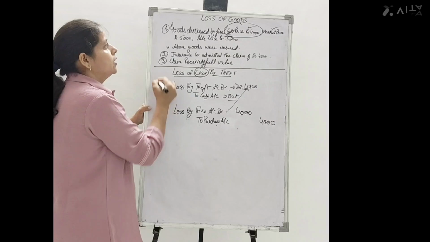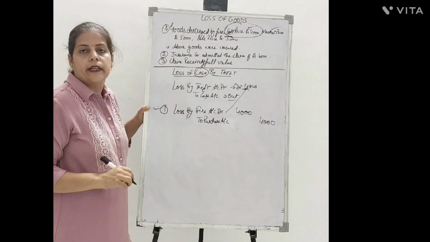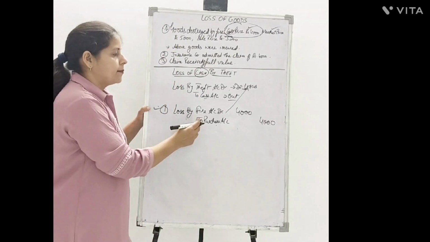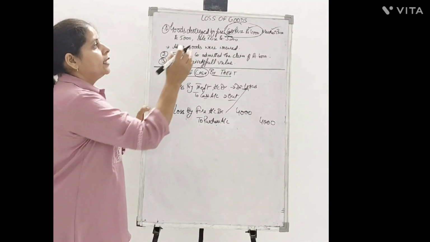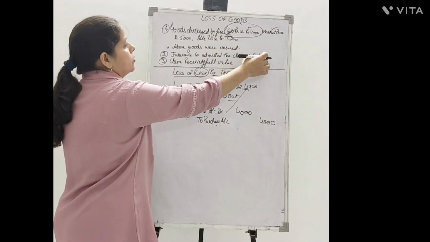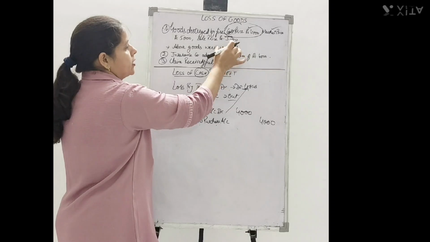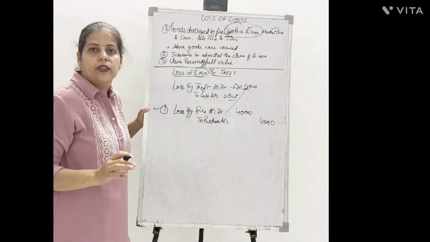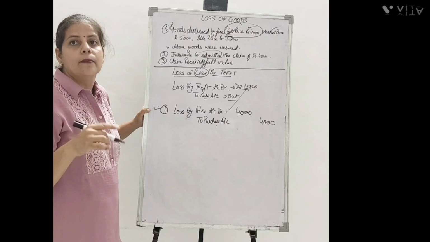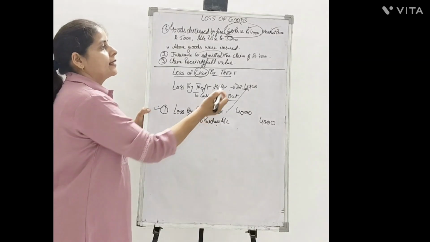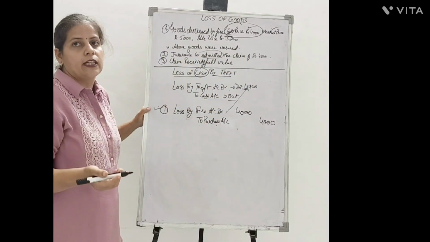The first journal for the first point is loss by fire account debit to purchases in the business. There is a loss of 4,000. Now, if these goods were insured, we lodged a claim with the insurance company, and the insurance company has admitted the claim. They said that they will pay us fully 4,000.